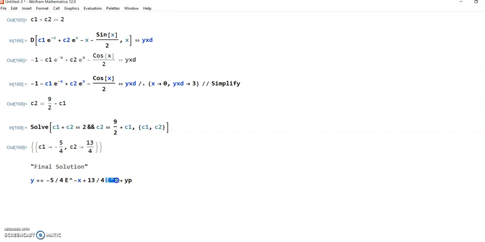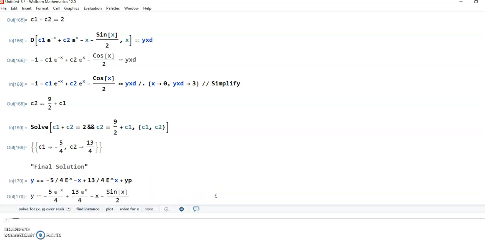And for e power x, I have chosen the coefficient c2 in the previous case, and then add yp, which was the particular solution. So I will execute it. So then this is the final solution.